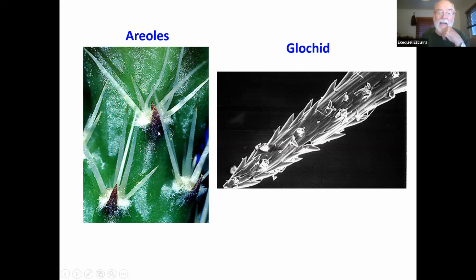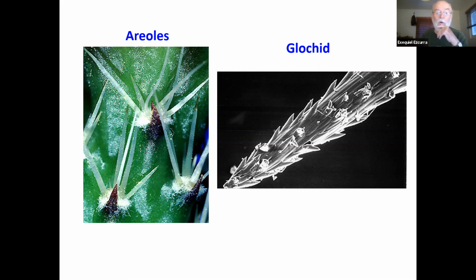Glochids can be nasty. And that really exemplifies the effort that cacti have made in evolution to defend themselves from predators. Why are they so formidably defended? It has to do with the fact that these plants evolved to survive in desert environments by storing water in the stems. They're succulent.